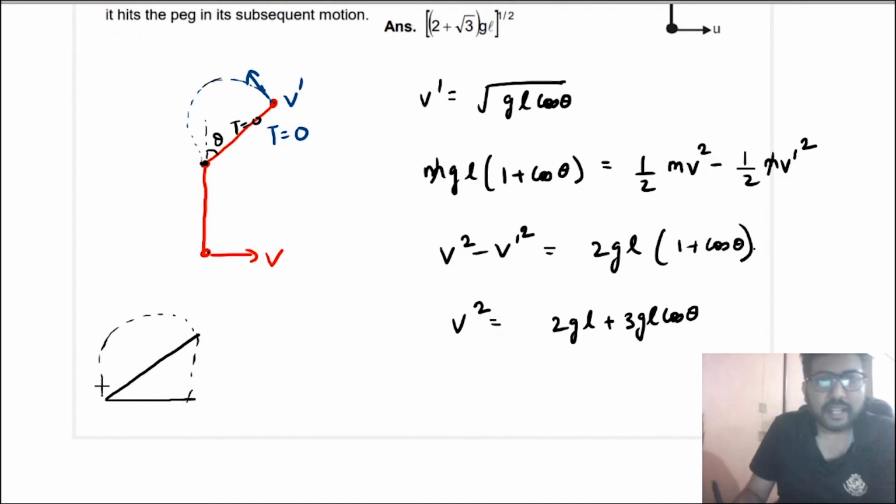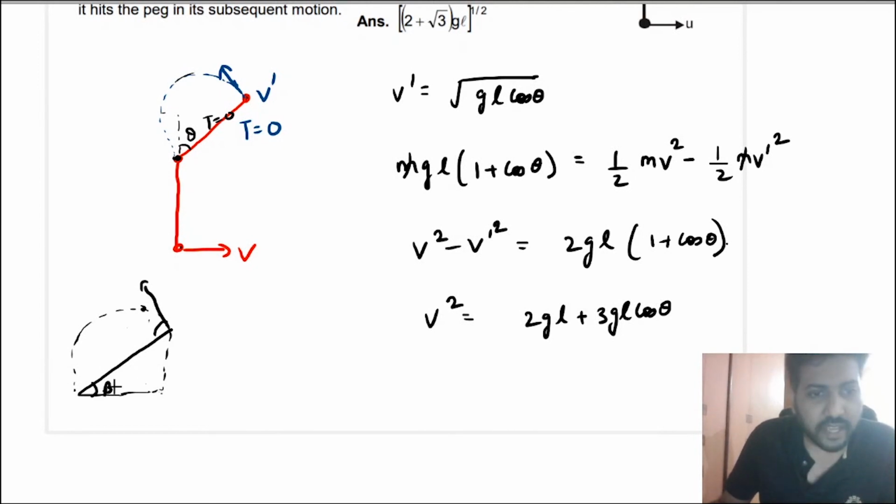Now this can be treated as projectile down an inclined plane whose angle of inclination is beta is equal to 90 minus theta. See, this angle is beta, then this angle beta can also be written as 90 minus theta, and the angle of projection is alpha, and alpha here is 90 degree because it is projected perpendicular to this.